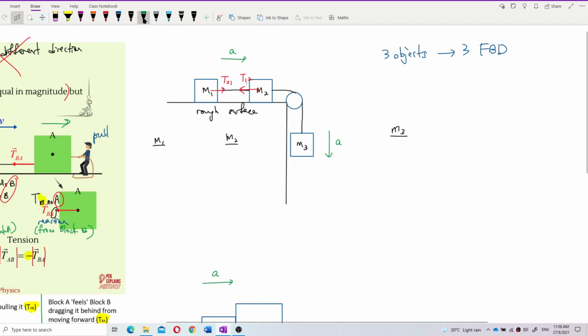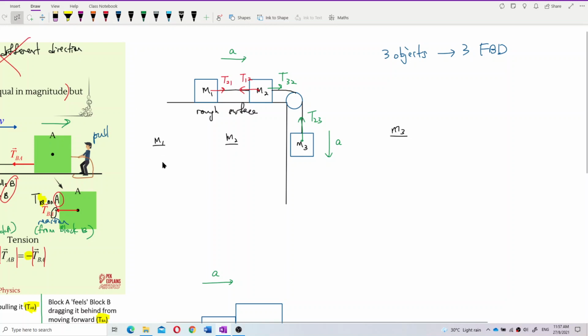And between 2 and 3 there is also one string, so they have the same tension. So this force should be T32, and this force should be T23.